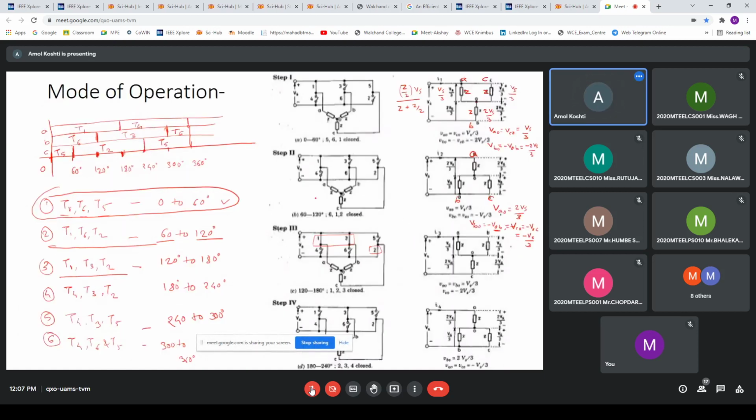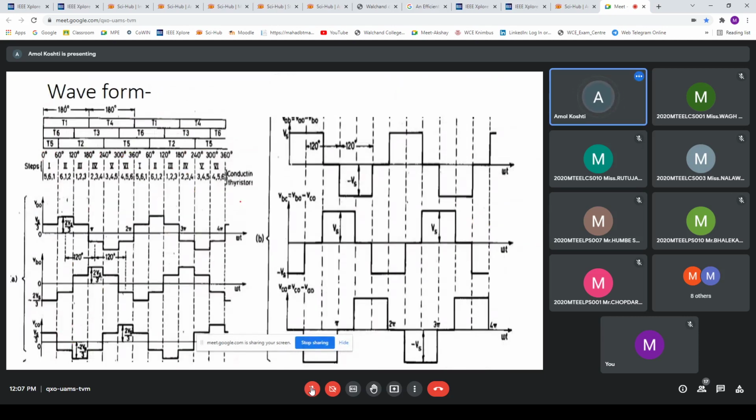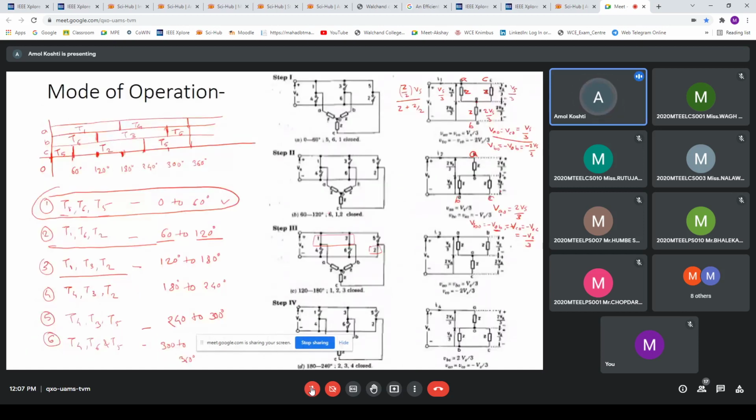First, VAO is what? Vs by 3. From 0 to 60 degree, VAO is Vs by 3 and VCO is also Vs by 3. Second, in the same interval, 0 to 60 degree, VBO is minus 2 Vs by 3. If we take VBO it is 2 Vs by 3, but we are taking here VOB, which is minus 2 Vs by 3.